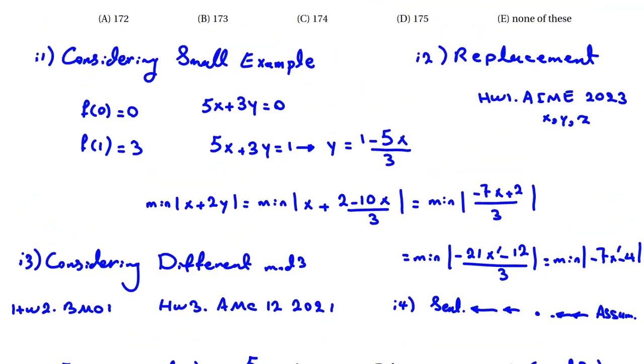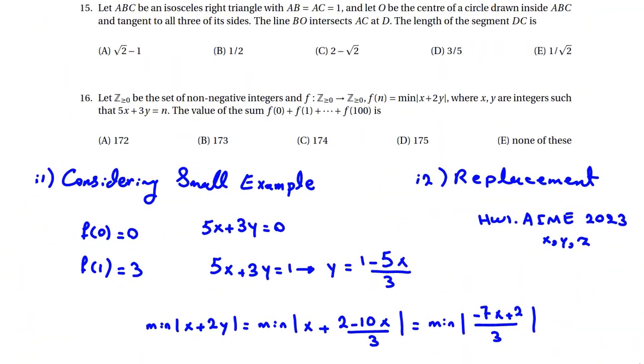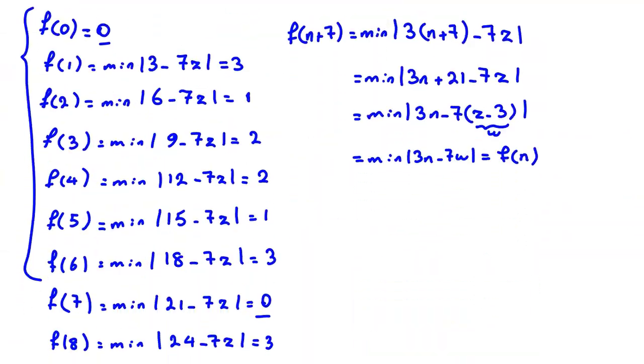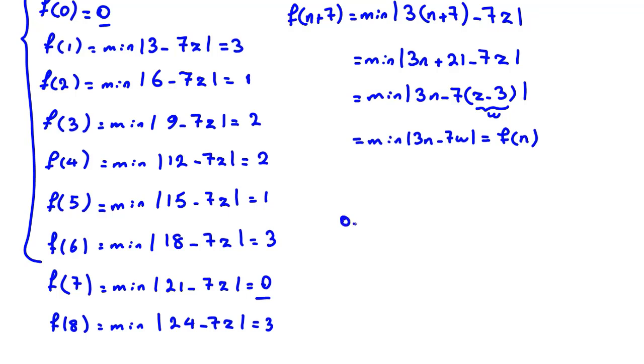Now, the problem asks for the sum of f from 0 to 100. So 0 to 6, then the next multiple of 7, 7 to 13, and so on, up to 91 to 97, and the last part is 98, 99, 100.